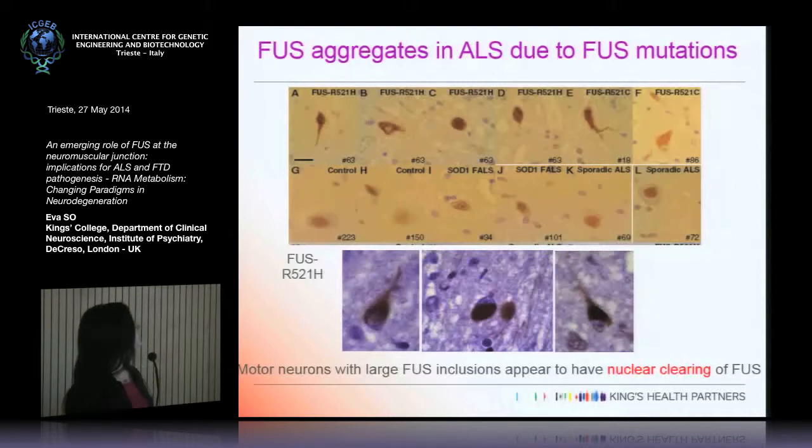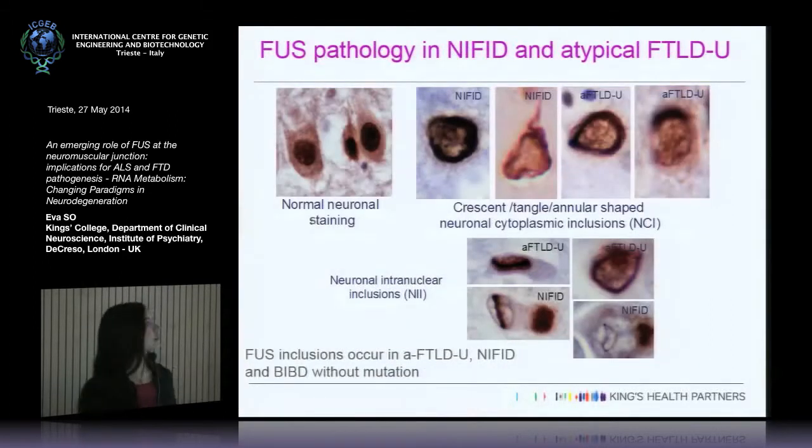FUS. In addition to familial ALS, FUS pathology is also identified in a subset of frontotemporal dementia with ubiquitin inclusions, and also in neuronal intermediate filament inclusion disease. So this is FUS staining in some postmortem brain tissues from patients. Normally, this is the control. You can see FUS staining, which shows a typical nuclear localization of FUS.